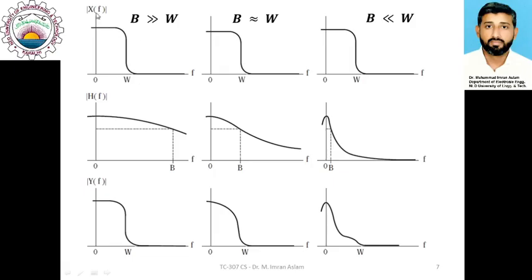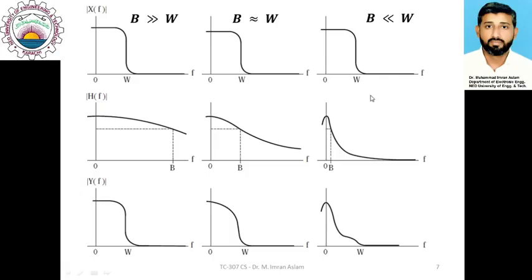If I multiply this for the first case, where the bandwidth of the system is much bigger than the bandwidth of the signal, you can see that this part of the system is almost constant, and therefore if you multiply, eventually the output that you would get would be very close to the input.